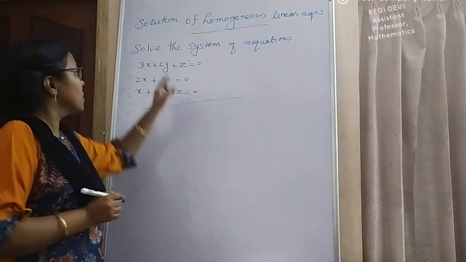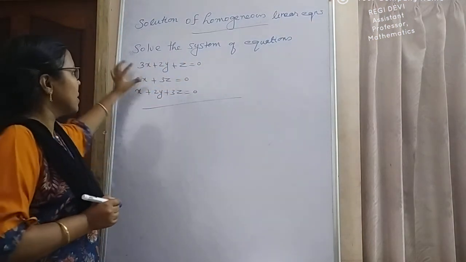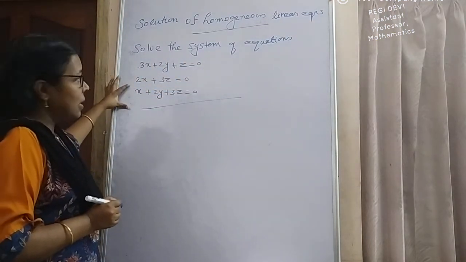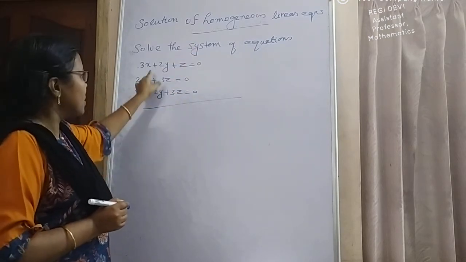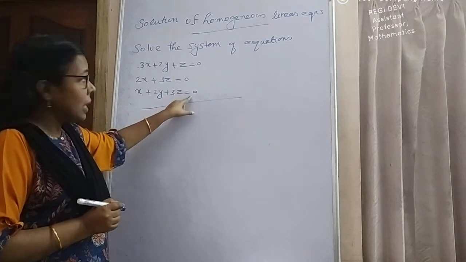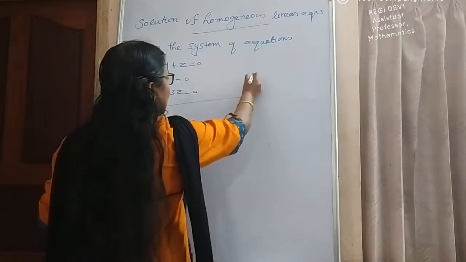Now a problem. Solve the system of equations. The equations are given. This is a homogeneous linear equation because the equations are equal to 0. Hence it is of the form Ax equal to 0.